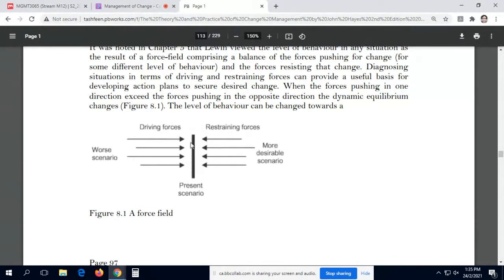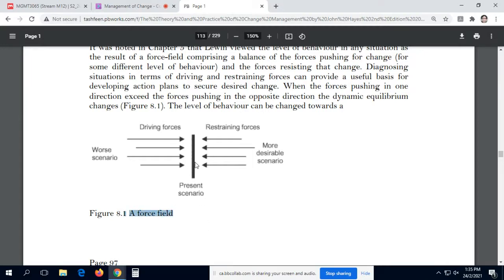So both of these driving forces and restraining or resistance forces are going to help in bringing this middle line either to a new status quo which is better, or it will keep on the present scenario, or it can be some case where it will go in the worst direction also, depending on what is happening. So this is called force field analysis.